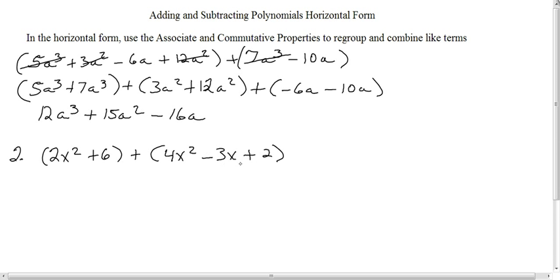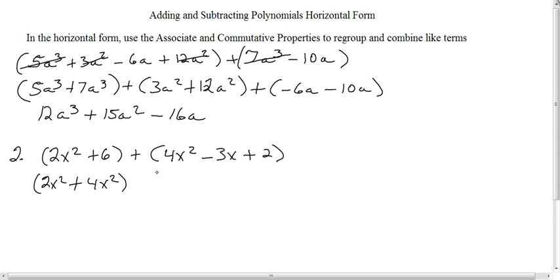My 3x is going to be there, but it's not there for us to regroup. So let's go right ahead and start with our 2x squared plus, that's a positive 4x squared, and we'll group.